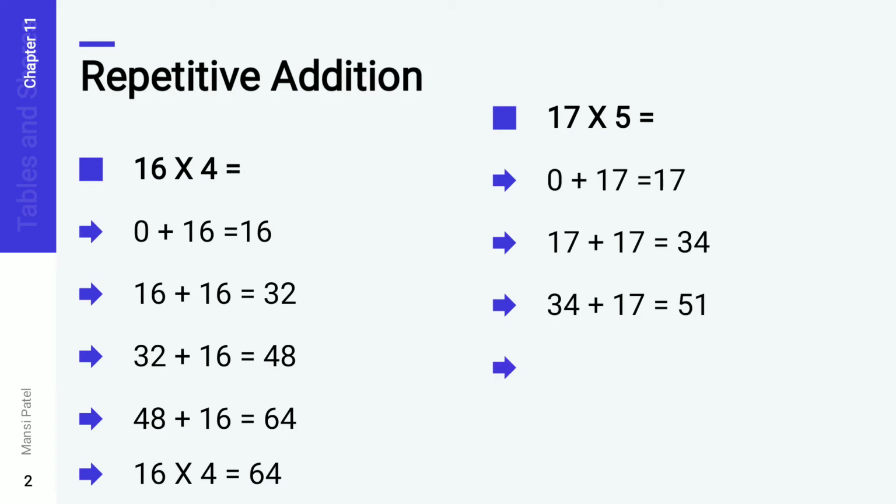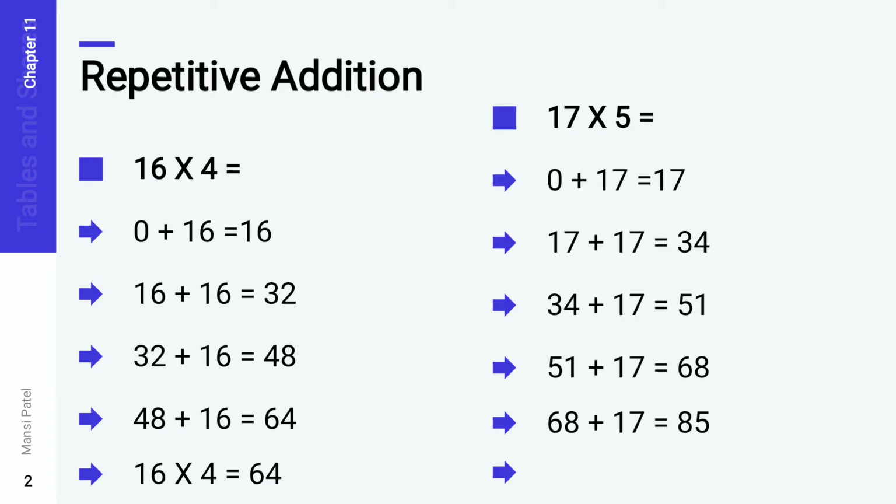Again add 17 to 51. 51 plus 17 is equal to 68. Then again, 68 plus 17 is equal to 85. So we can say that 17 fives are 85. And in this you can see how many times we are adding the number 17?